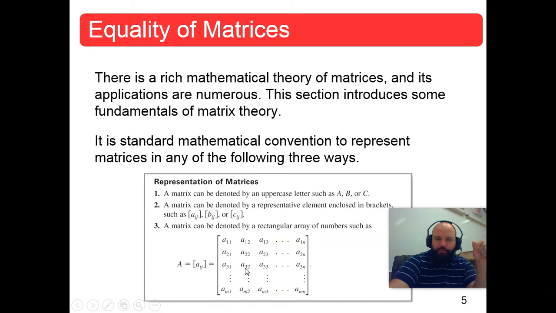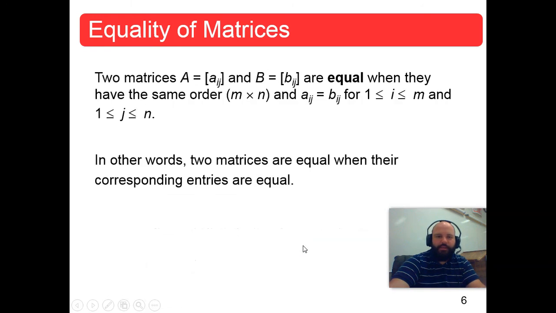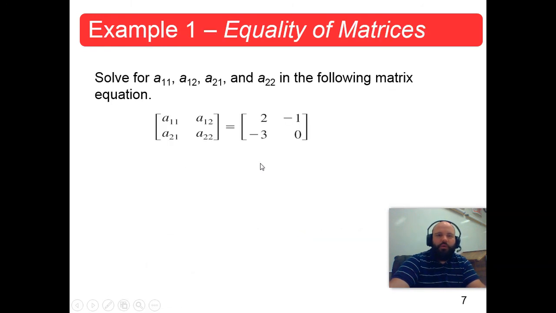This A sub 3, 2 is the element that is in the third row, second column. Matrices can be as big as they need to be, which is why they call this A sub m n. So the rows and columns can be as big as they need to be to contain all the data that we're trying to organize.